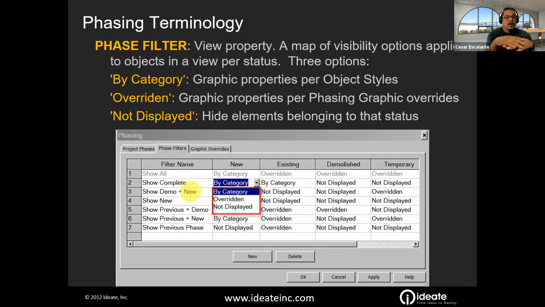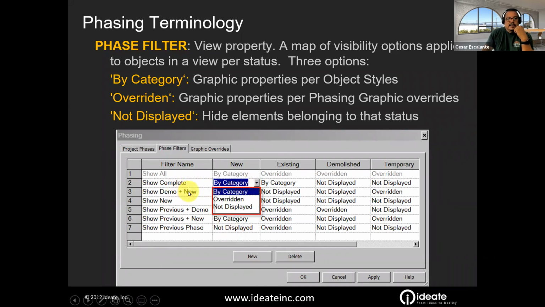But you don't show at all the new elements. And so in a demo filter, the new elements are off, and this drop-down list is blocking it so you don't see them. So the new objects in a demo plan are not displayed.